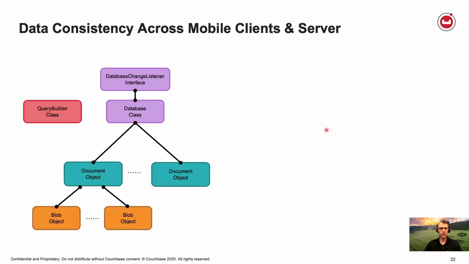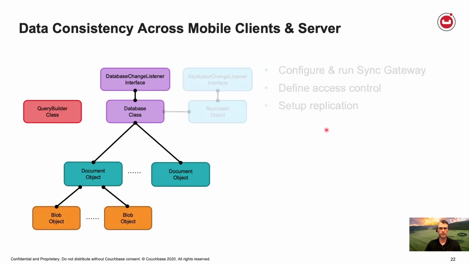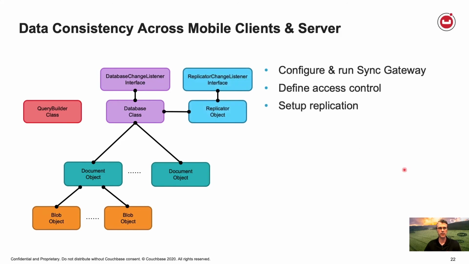All right, so back to this diagram with the different classes and things that you're working with as you build out your app. In the case of adding the sync capability and ensuring data consistency across the clients and the server, you're going to configure and run Sync Gateway.